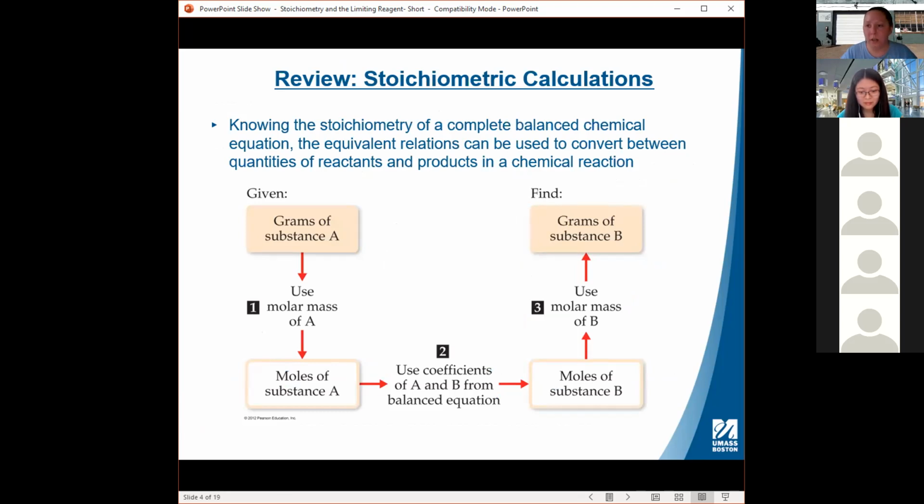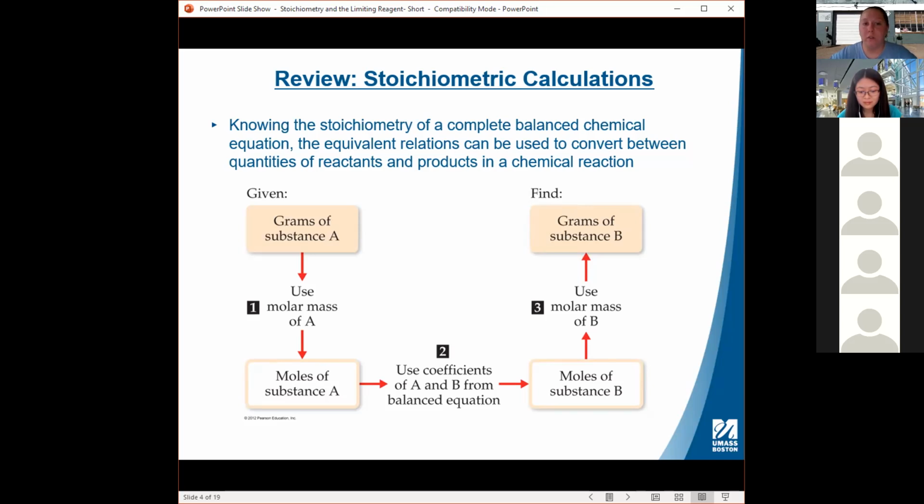Okay, so when we are doing stoichiometry, you always want to convert everything into moles, always. You cannot compare the grams of one thing to the grams of another thing, because one molecule has a different amount of grams per mole based on its molar mass than another compound. So you can't compare the mass of one compound to the mass of another compound and talk about quantity in moles, okay?